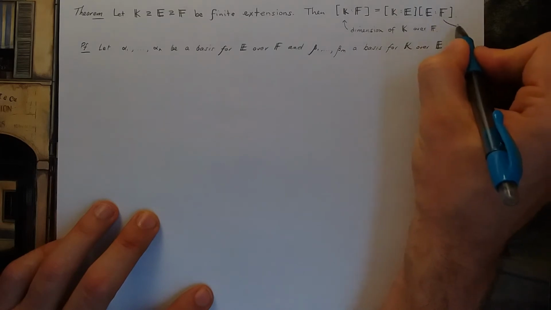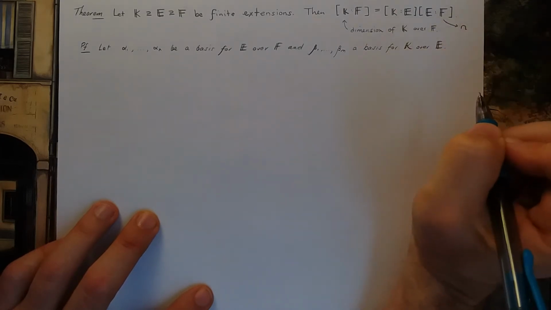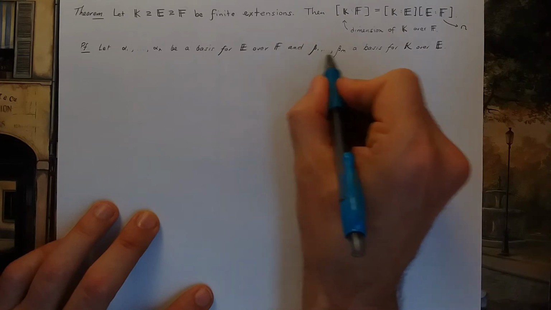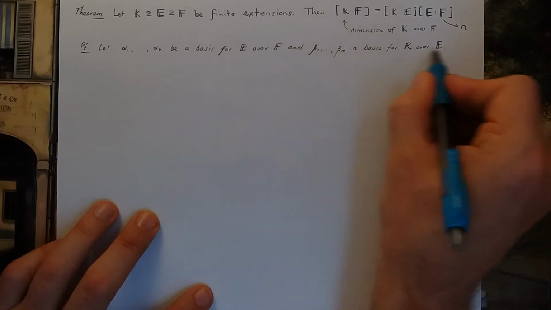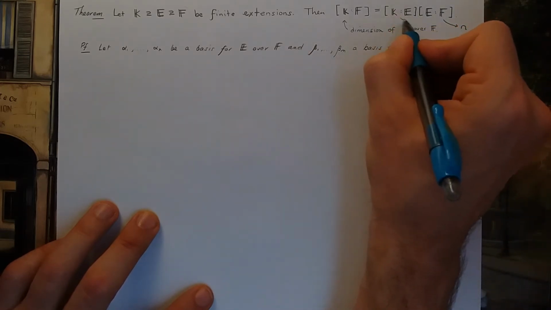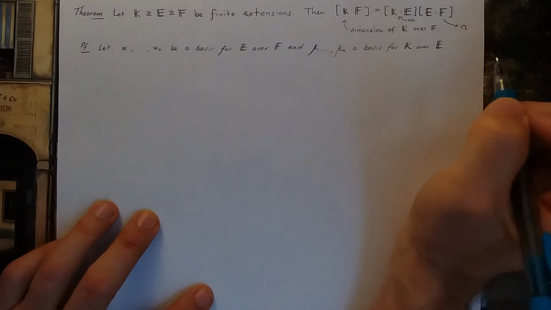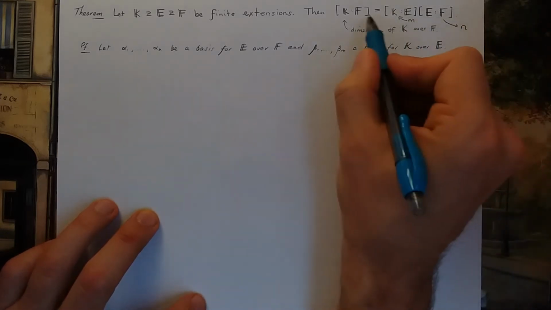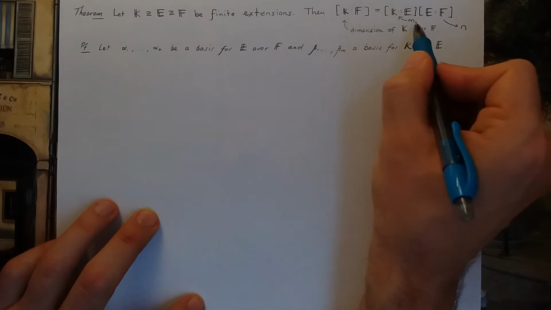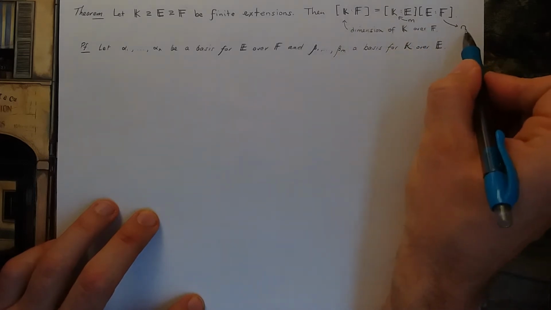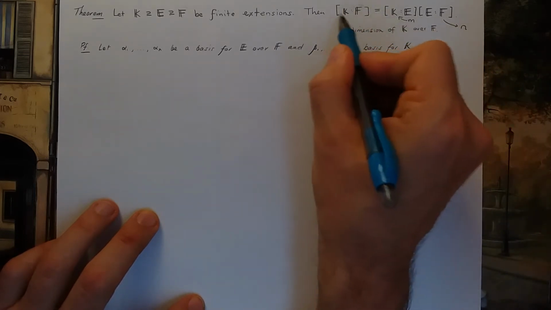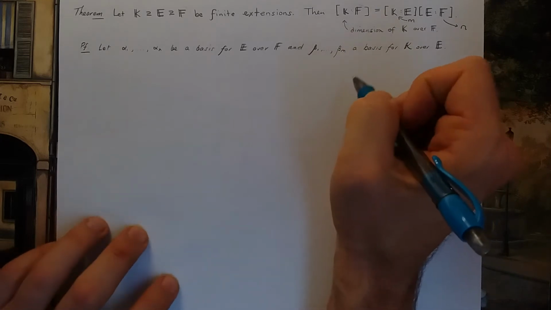So this thing here I'm saying is n. And I have m vectors in a basis for K over E. So this here is m. So I hope that I have m times n vectors in a basis for K over F.